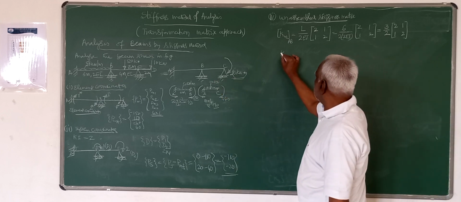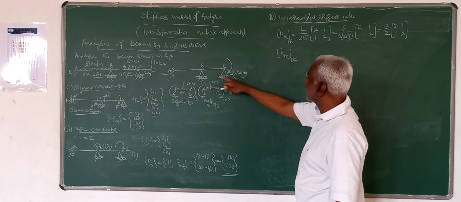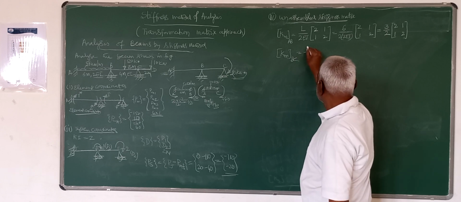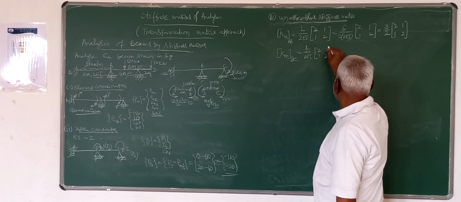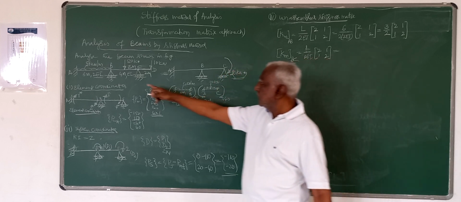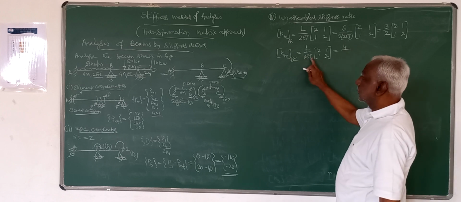Then the stiffness matrix of member BC. That is BC, with again the same formula, L by 2EI, 2, 1, 1, 2. Here, L for BC is a length of 4 meters, divided by 2EI.